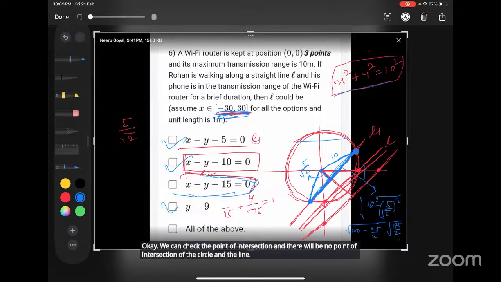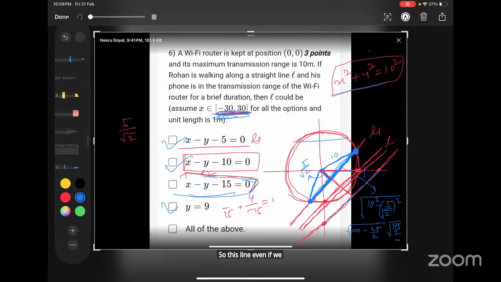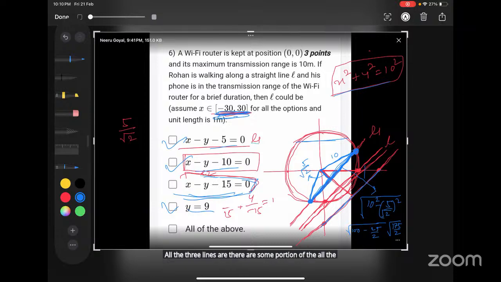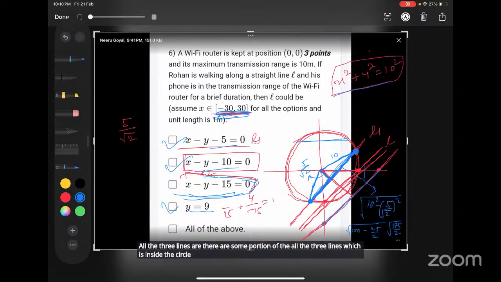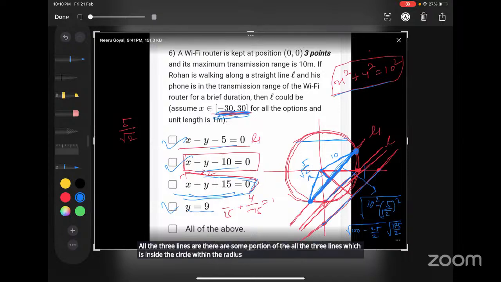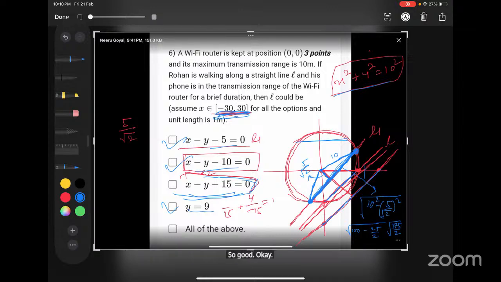This line is outside the circle. But except this line, all the three lines have some portion inside the circle, within the radius. So if Rohan moves along any of these lines, he can get a region within the range.